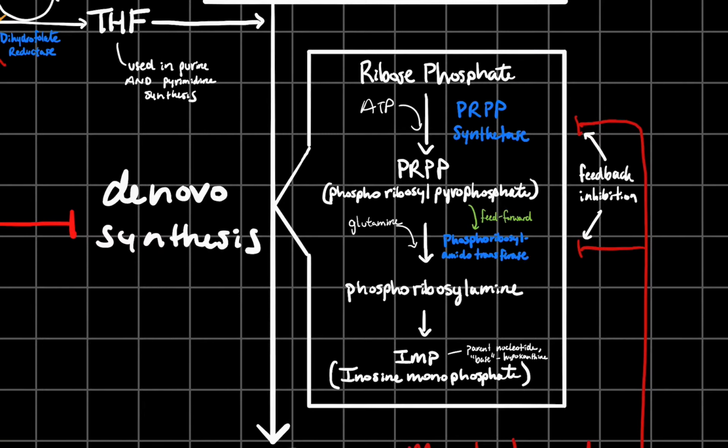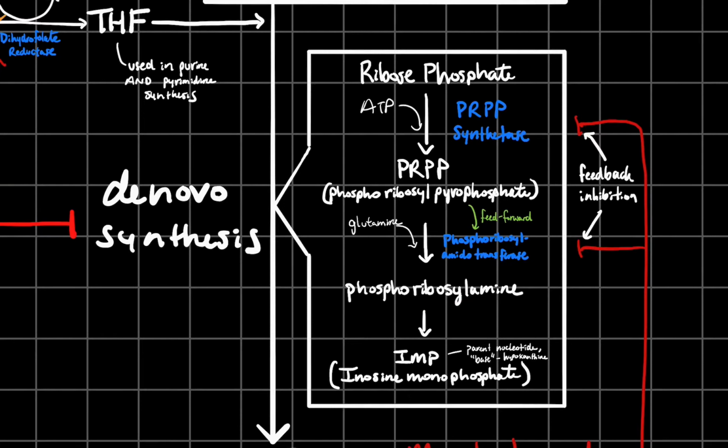You're going to use PRPP synthetase to add on another phosphate group to that ribose phosphate to make it into phosphoribosyl pyrophosphate or PRPP. And the second that you make this compound, it's actually going to activate your phosphoribosyl aminotransferase, which is really great because that's the next step in the pathway anyways.